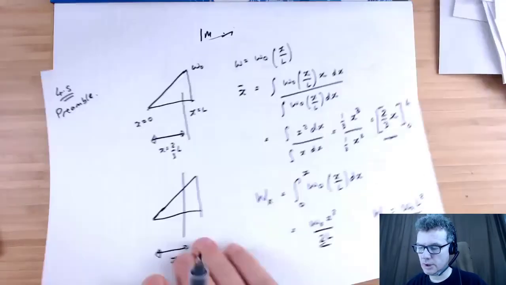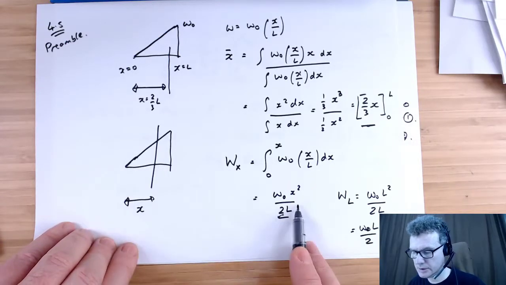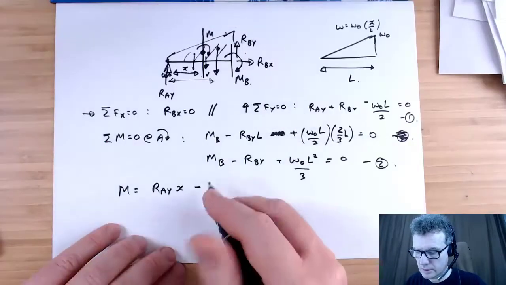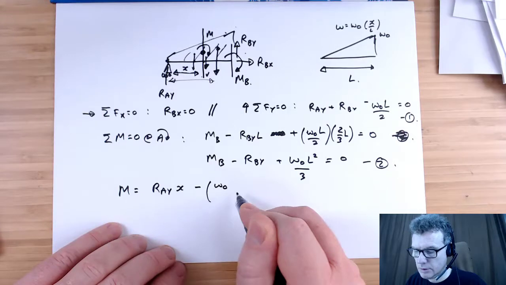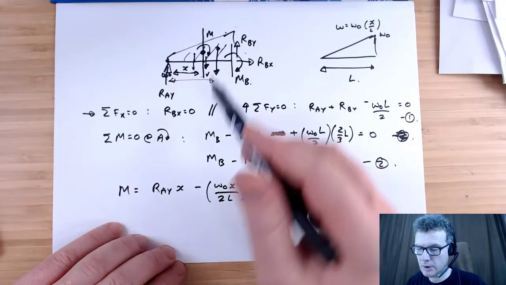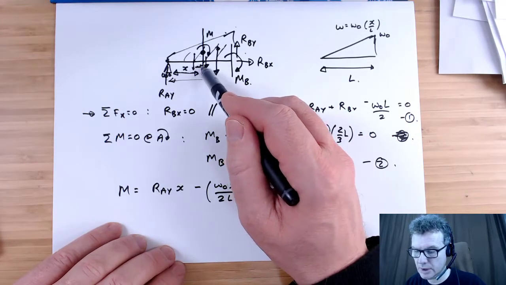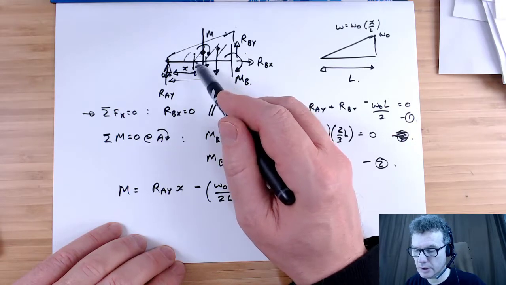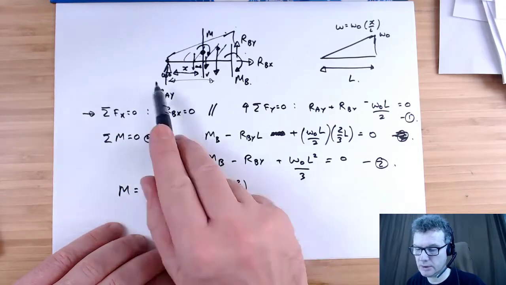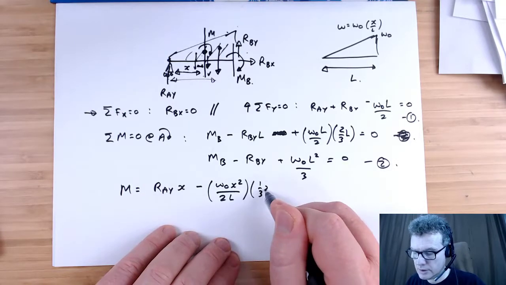I will need to use my result, so we're left of that x, so that's our weight, little W0 x squared over 2L, and where's our position? So we want the distance from here to here, and so that is obviously going to be a third x, if this is 2/3 to get to there, so that's 1/3 x.